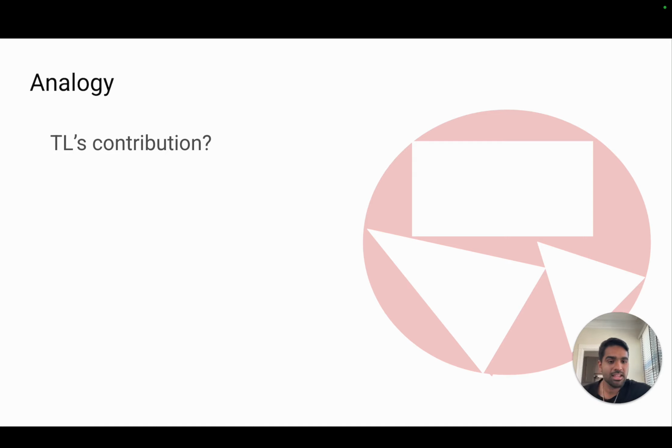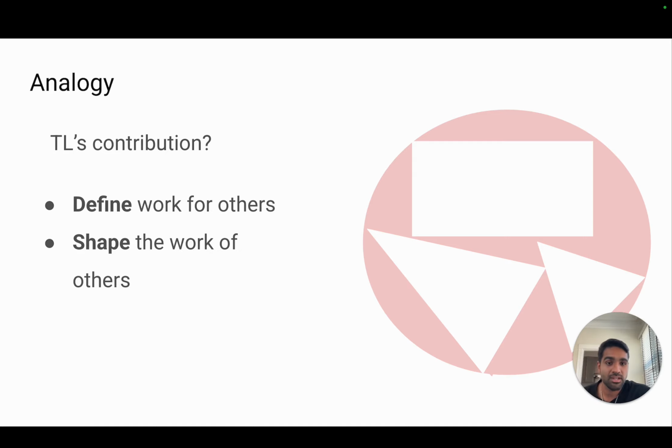So the TL has mainly done two things here. One is they defined the work for others. They assigned these triangles and these rectangles very concretely to a bunch of junior engineers that did not have to worry about the vagueness of the problem or how the pieces fit together. The TL also shapes the work of the others, meaning that it maintains quality.